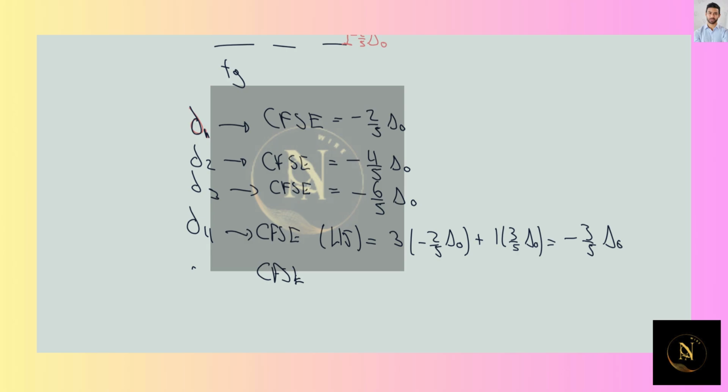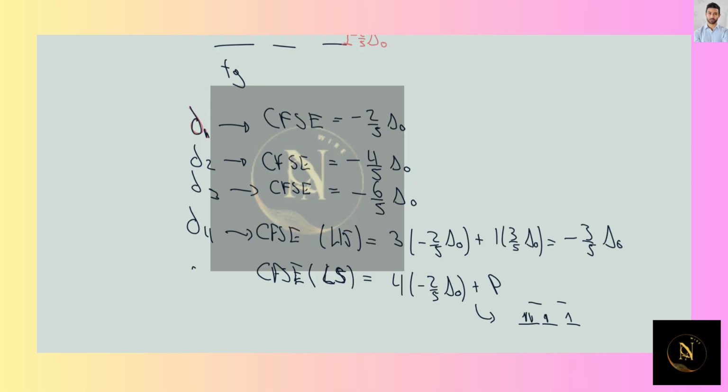Now for the low spin case, the crystal field stabilization energy would be equal to 4 times minus 2 fifths of delta naught. But in this case, we need to consider the pairing energy associated to the extra configuration. Remember that in this case, the splitting and the filling of electrons would be the following.